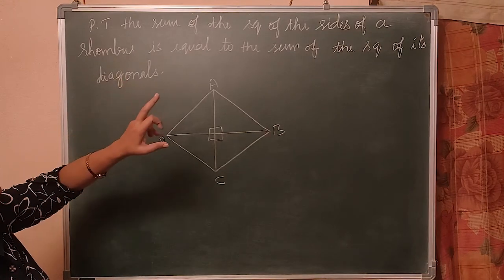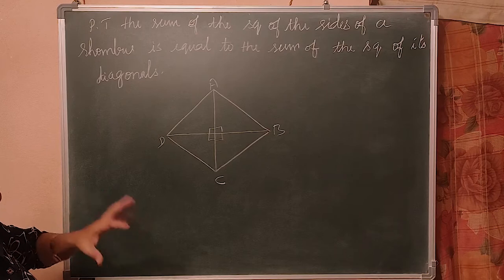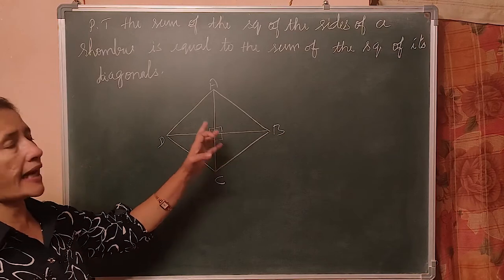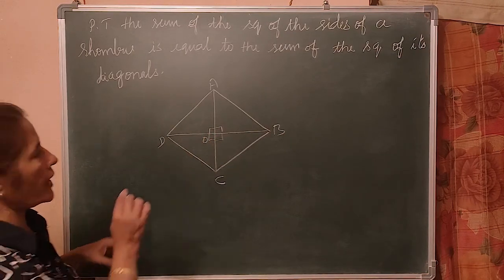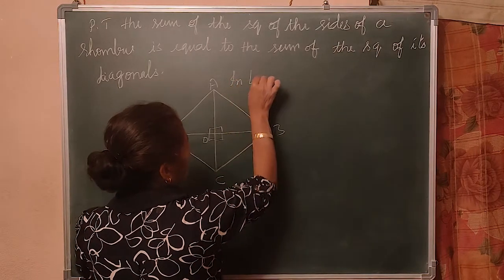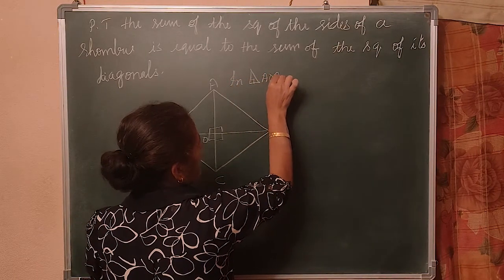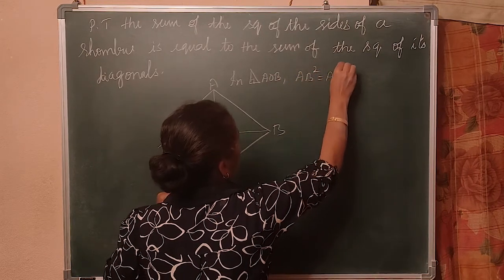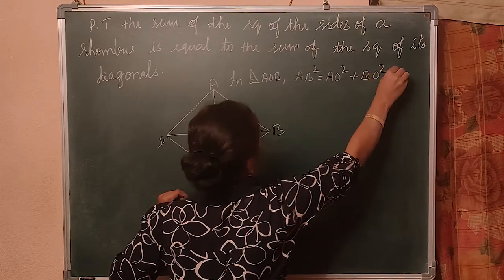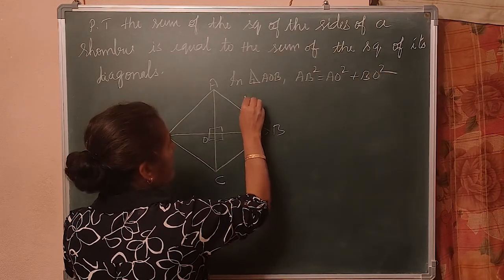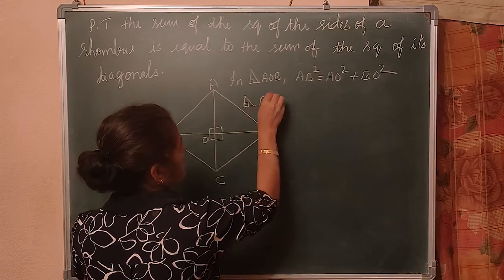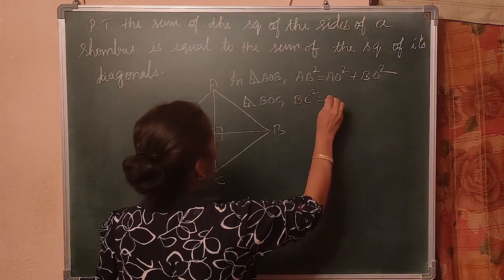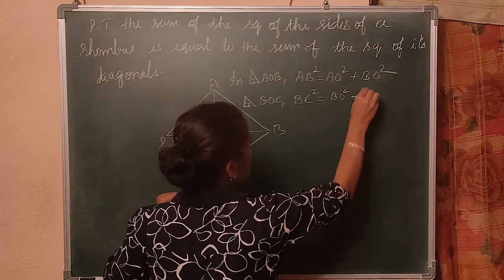Sum of the squares of the sides of a rhombus. Since the square of the sides was asked, let me take right angle triangles one by one. In right angle triangle AOB, AB square is equal to AO square plus BO square. Second one, in right angle triangle BOC, BC square is equal to BO square plus OC square.